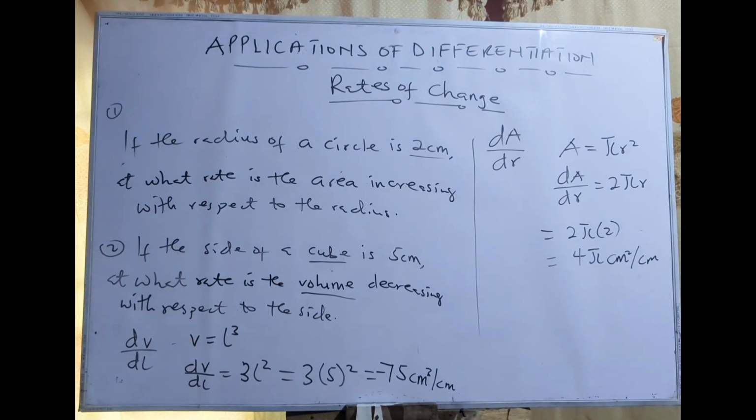You can also look at the rate of change with respect to time. So let's go and look at the rate of change with respect to time and how you do that one.